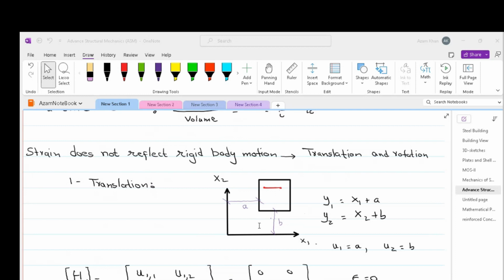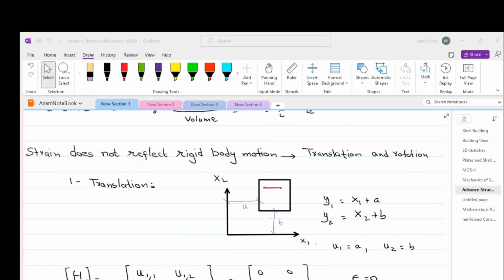Now, in order to describe the translation in the rigid body motion, we define our two deformations as y1 is equal to x1 plus a and y2 is equal to x2 plus b. Imagine this body is in x1, x2 space.